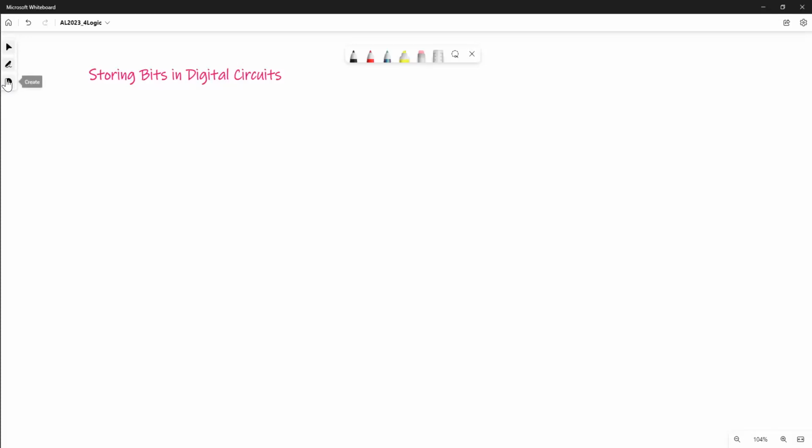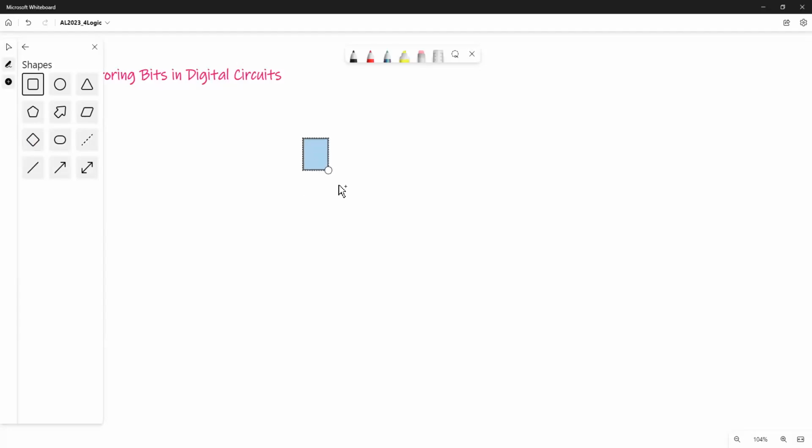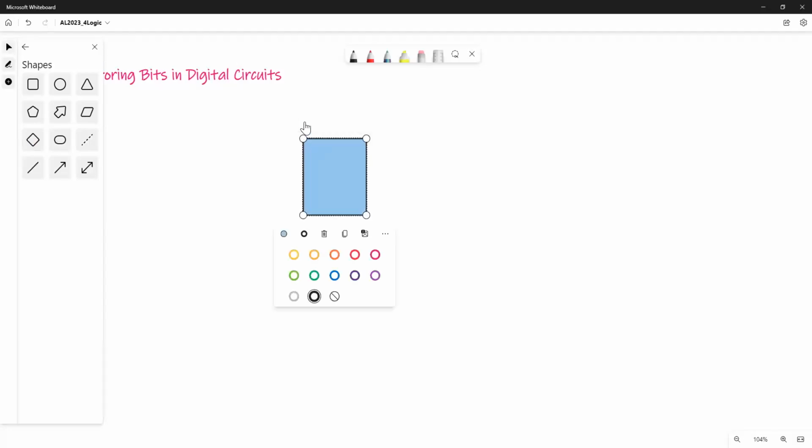So to do this, let's start with a simple circuit. Let's say we have a circuit, right? And let's assume we have some inputs and outputs.